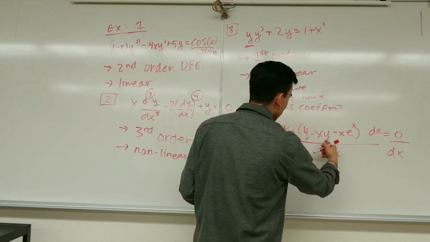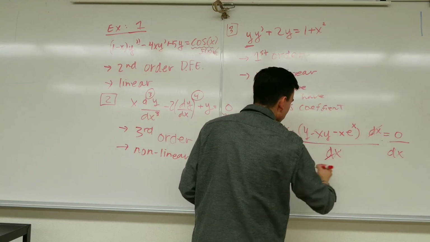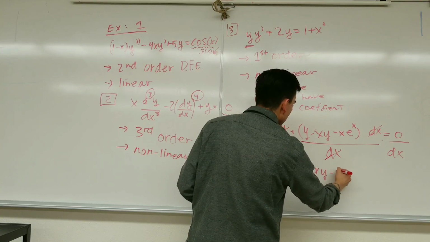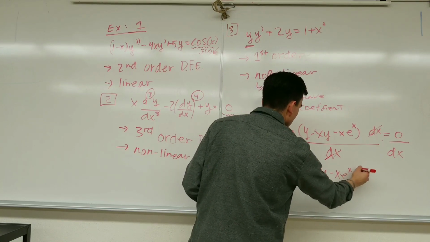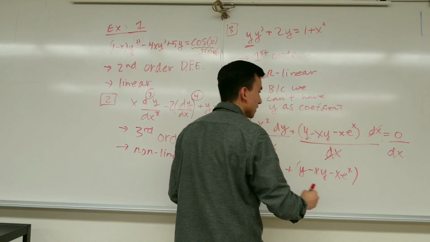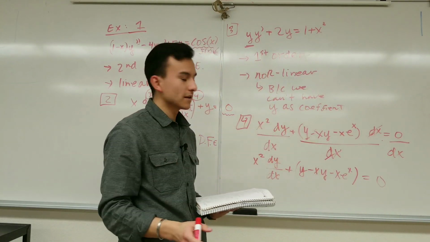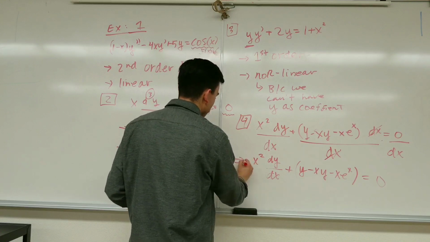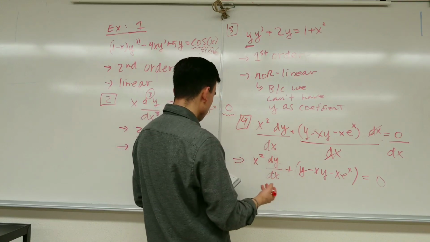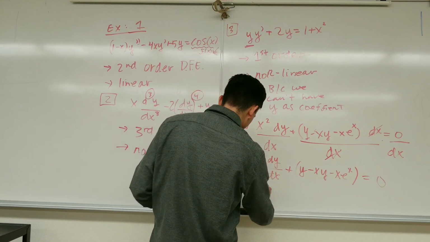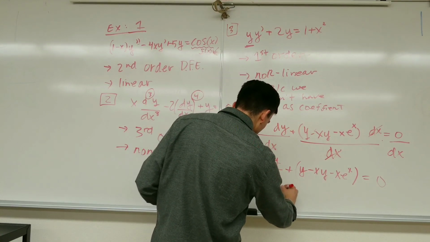And then here, our dx cancels, right? So now we have y minus x times e to the x equal to 0. Now it becomes a little more clear, right? So now our highest order is going to be first order.